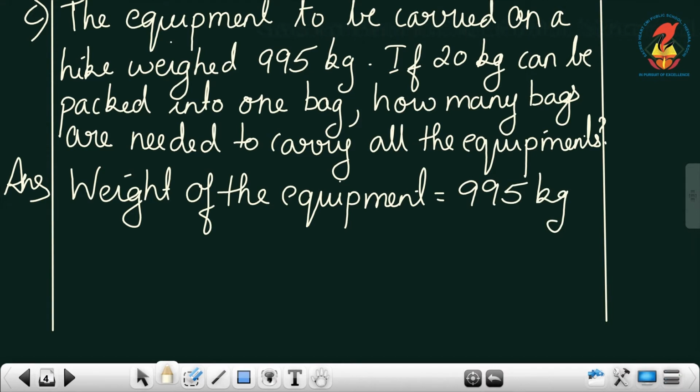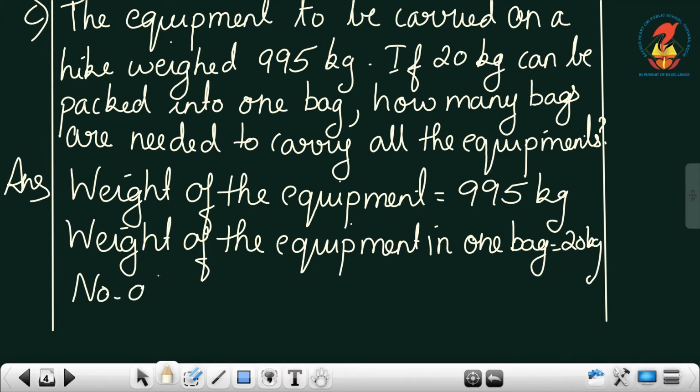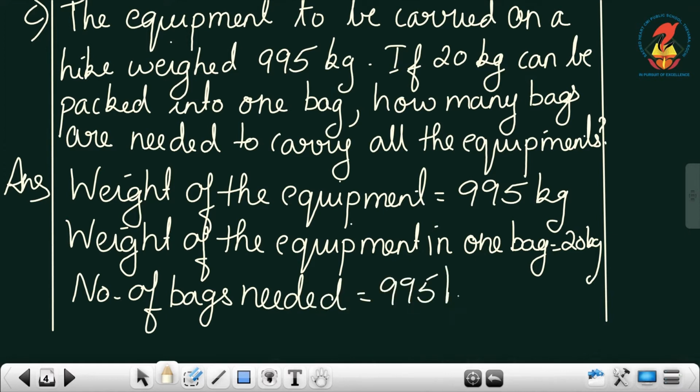Then weight of the equipment in one bag, that's equal to 20 kilogram. And they are asking you how many bags are needed to carry them. So write the number of bags needed. That is equal to 995 kilogram divided by 20 kilogram.